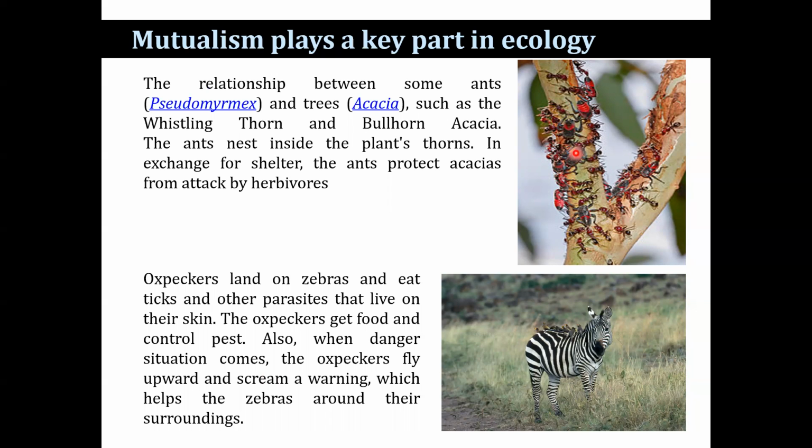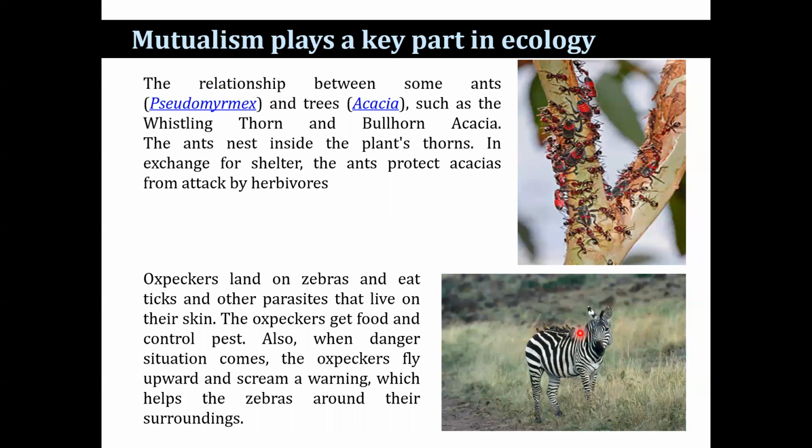When the herbivores come to attack that particular plant, the ants are raised and they protect the host body. So basically this is a very good example. The ants are present on the plants for shelter, and also they protect acacias from attack by herbivores.